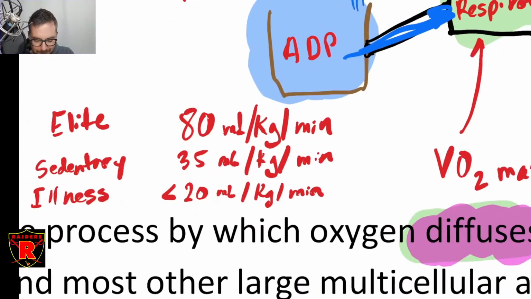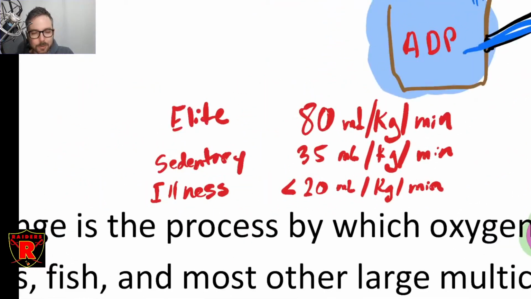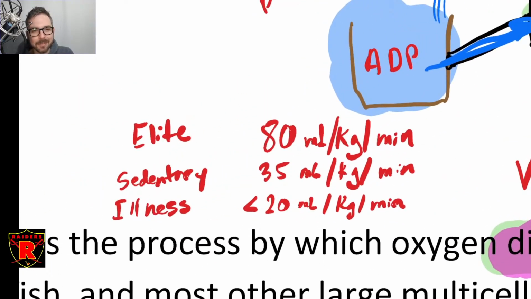So anyway, what are some values that are normal? Well, if you have less than 20 milliliters per kilogram per minute, it means that you're going to struggle to go up a flight of stairs. You won't be able to maintain for any length of time the amount of oxygen necessary to produce the energy to just climb a staircase, even at a normal pace.